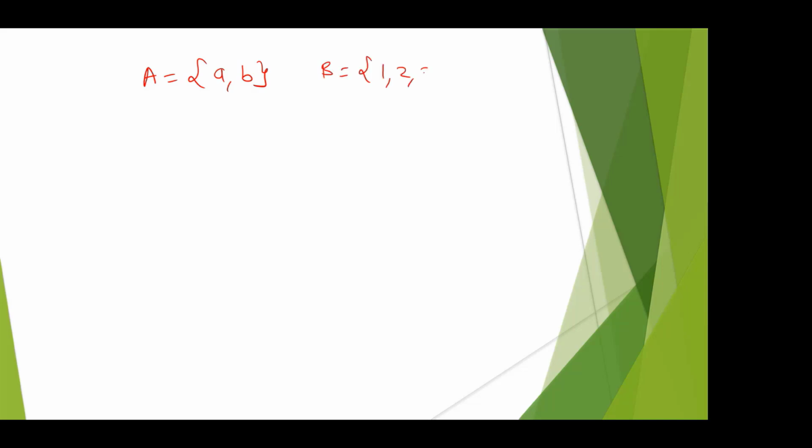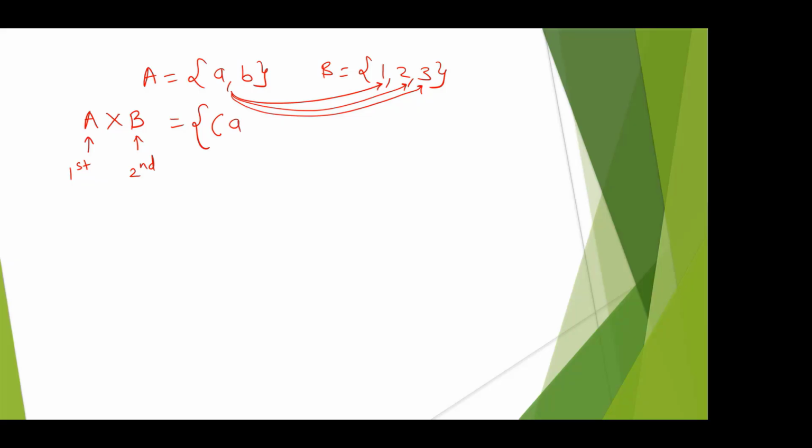So when we take Cartesian product, it is all possible combinations of the elements where the first element is coming from A and the second element is coming from B. So if I take A as the first element, A can have second element 1, second element 2, second element 3. So all possible pairs, since there are two sets, are A1, A2, A3.